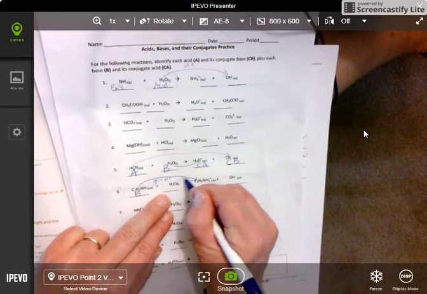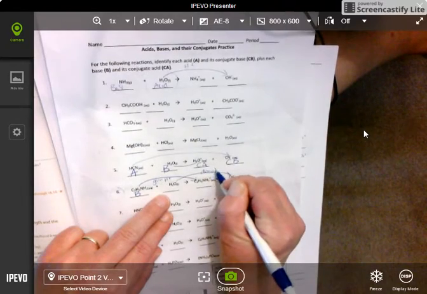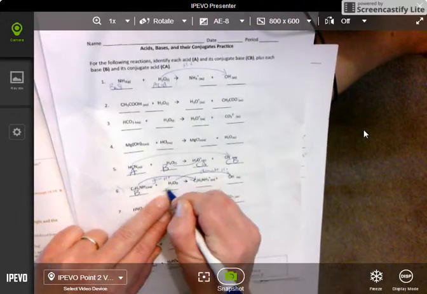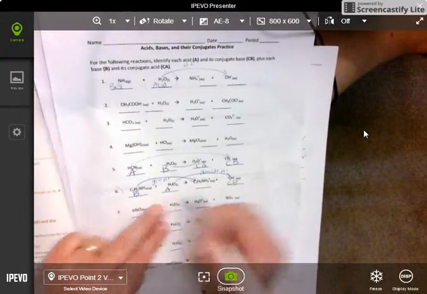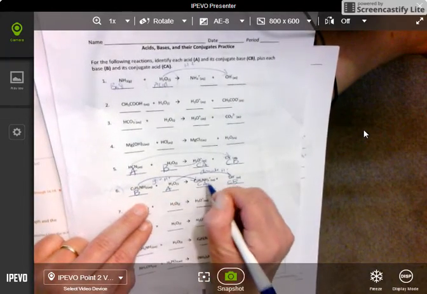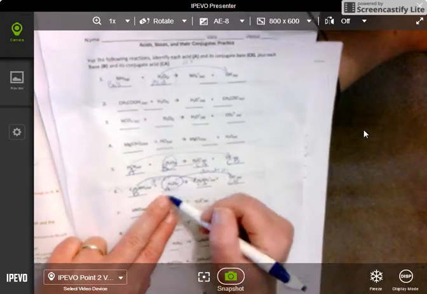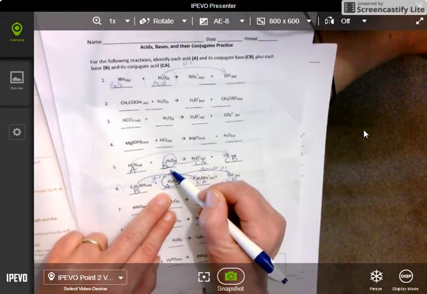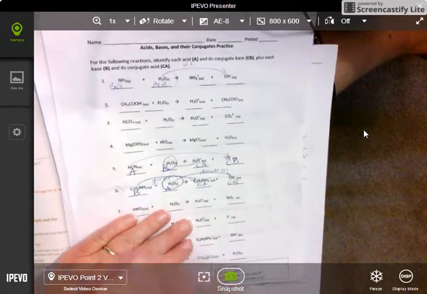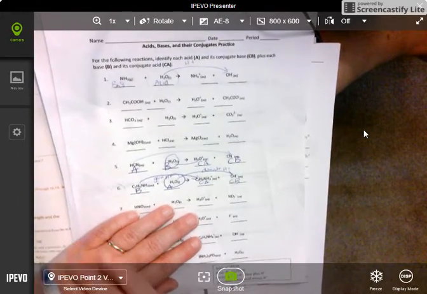H2O here had to donate an H plus ion, so that made this the acid. So the acid creates a conjugate base, the base creates a conjugate acid. And notice, just as a reminder, H2O here acts as an acid, here it acts as a base. What does that make it? Amphoteric.